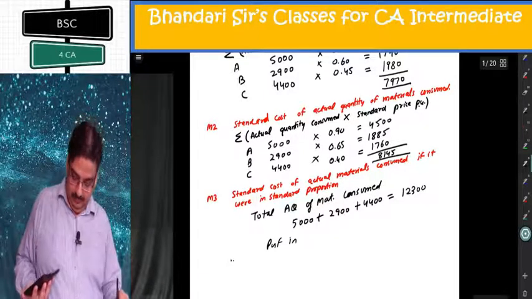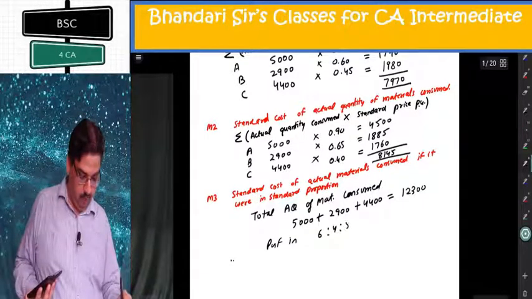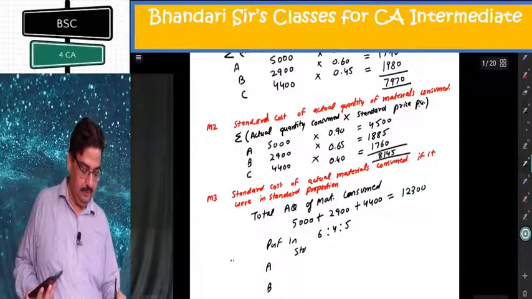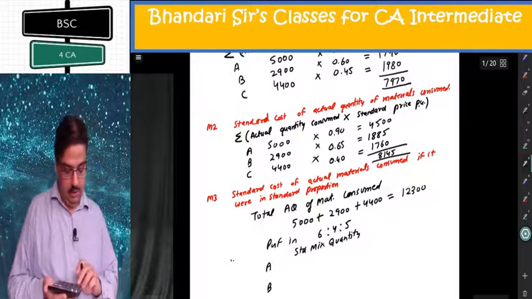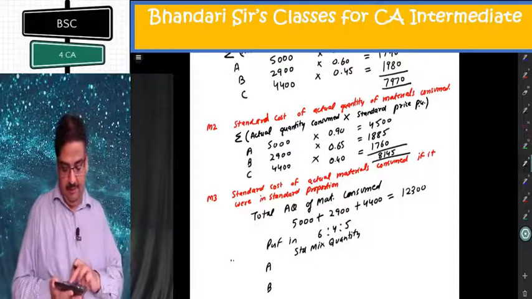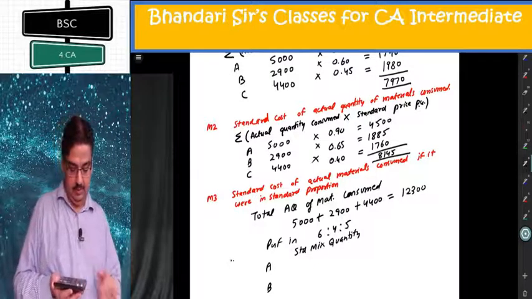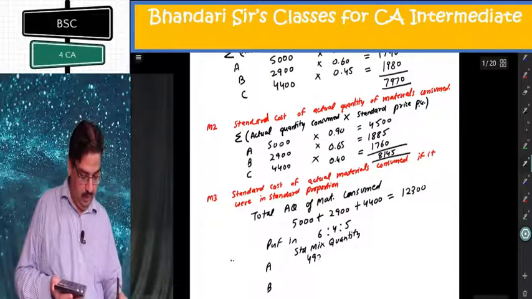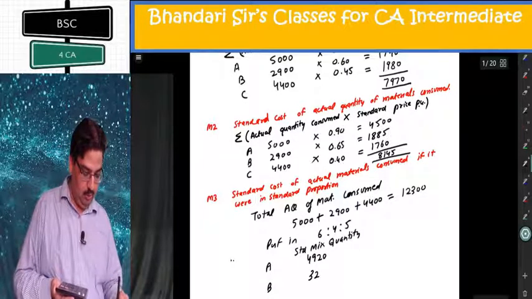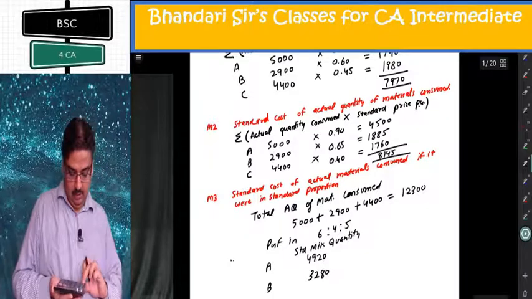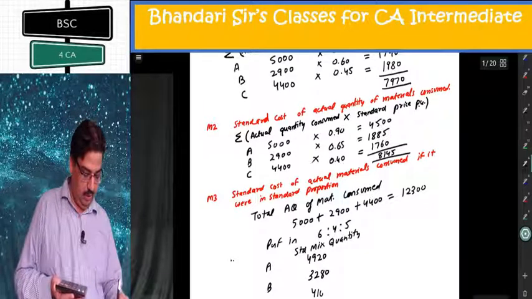Put in the ratio 6:4:5 for A, B, C. Standard mix quantity: 12,300 divide by 15 into 6, 4,920; into 4, 3,280; into 5, 4,100.